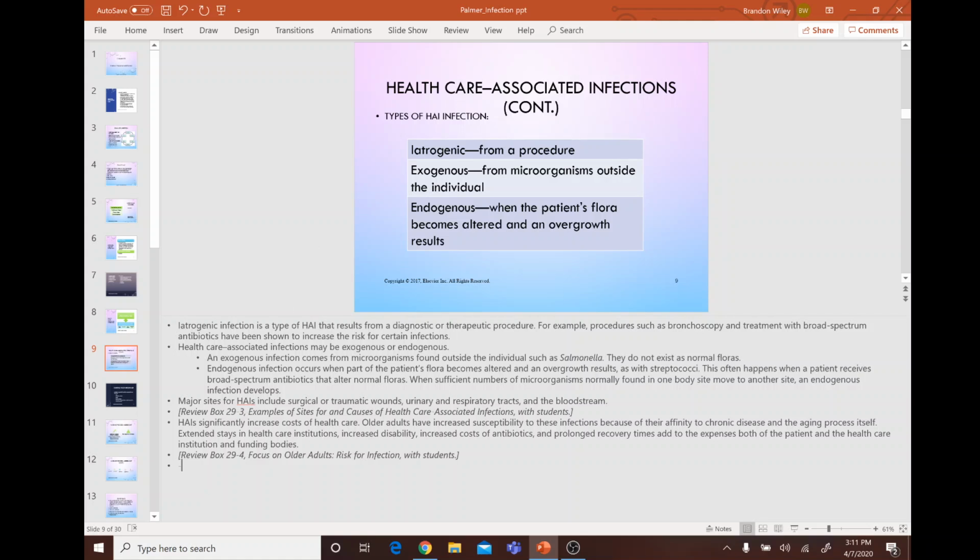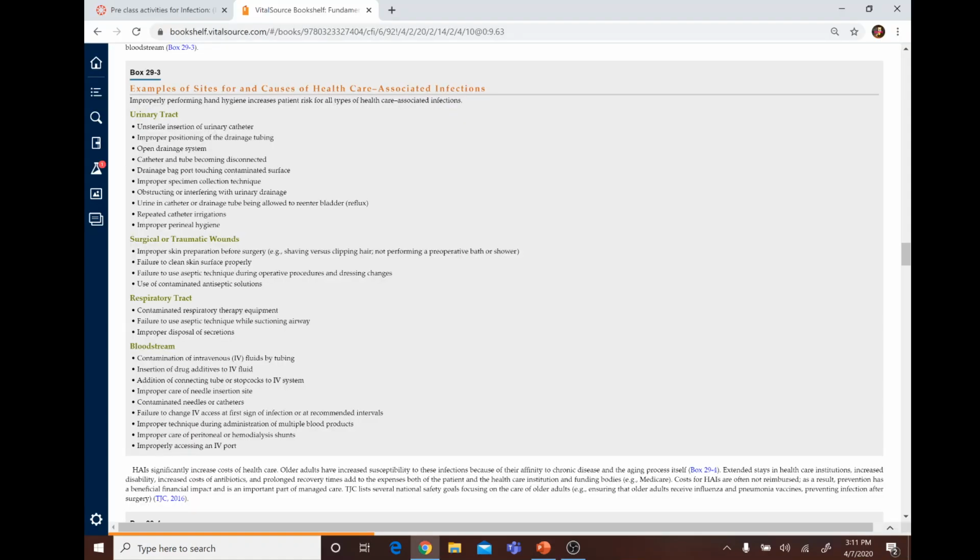What are major sites of HAIs? Surgical or traumatic wounds, urinary and respiratory tracts, and the bloodstream. So what are some things that may cause HAIs in the urinary tract?